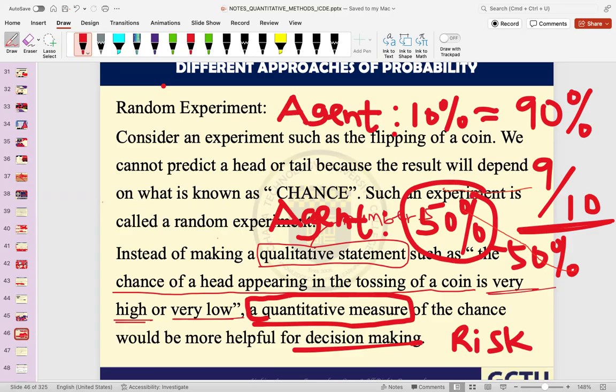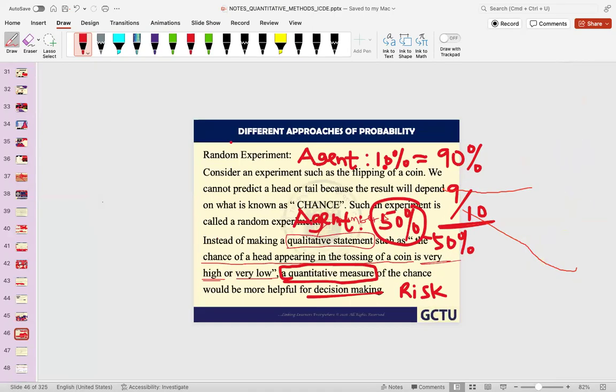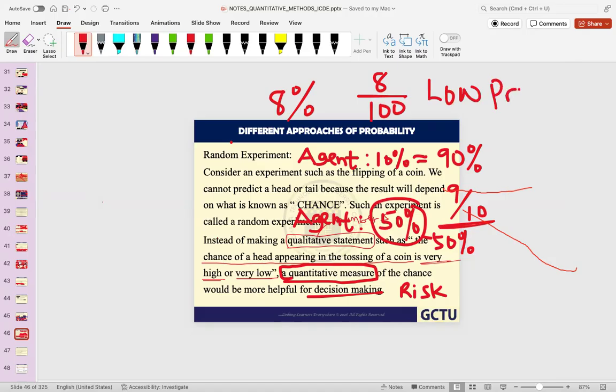But if a third agent comes and says that I'm also an agent and your chances of qualifying to travel is 8%, meaning if I'm taking 100 people, only 8 can go. This is a low probability. So it is very risky to engage yourself in such an activity.